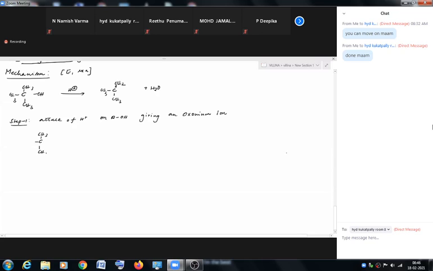So in that tertiary alcohol, the OH group is there. OH contains two lone pairs of electrons, right? So these two lone pairs of electrons will be attacked, or let's just say the H plus coming out of acid will be accepting this lone pair and forming a new bond with the oxygen in the alcohol itself.